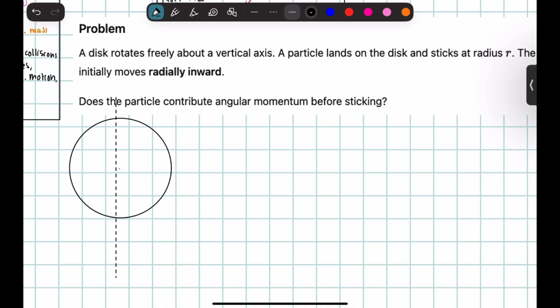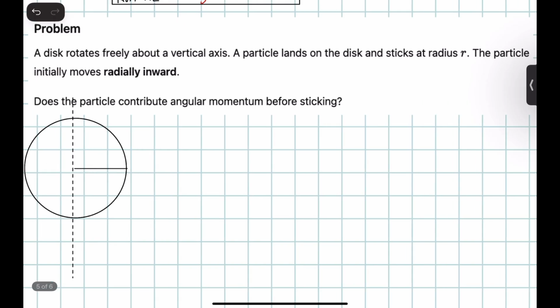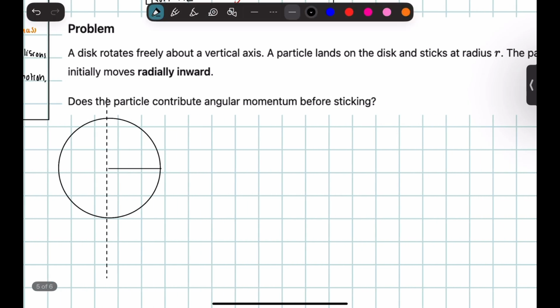It's going to land and stick at the radius r. And the particle moves inward. So let's say that the particle first hit here, initially, and then it's traveling inward. Does the particle contribute to the angular momentum before sticking?